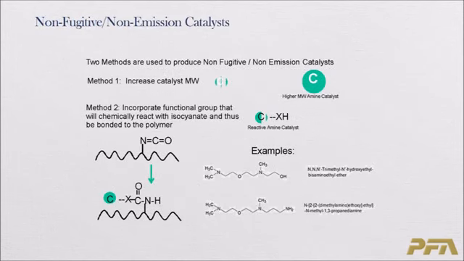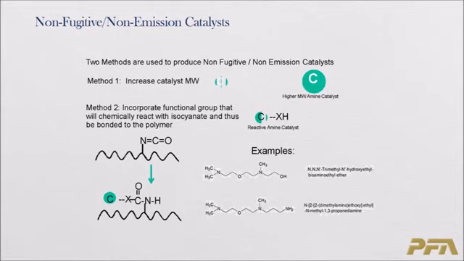Another class of catalyst is called the non-fugitive or non-emissive. As concerns over VOCs, or volatile organic compounds, in flexible foams become more of an issue and focus, to avoid using the standard amines, the catalyst companies have developed these non-fugitive or non-emissive catalysts. There are two main ways.